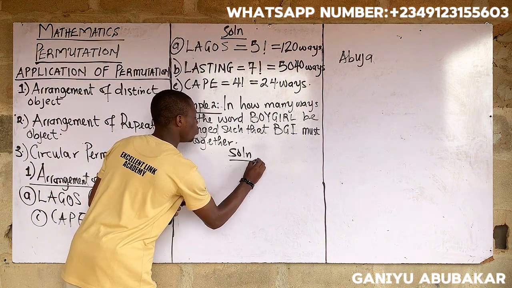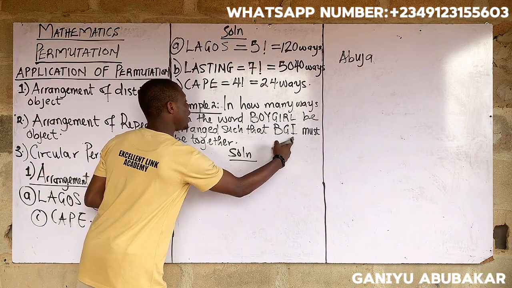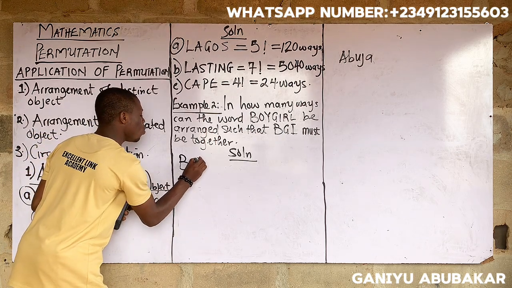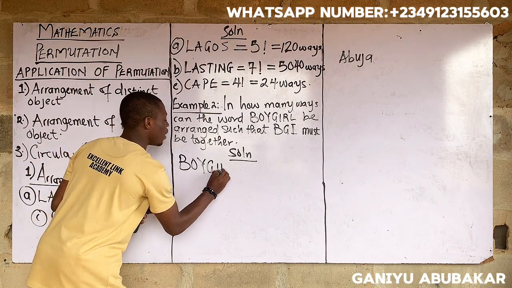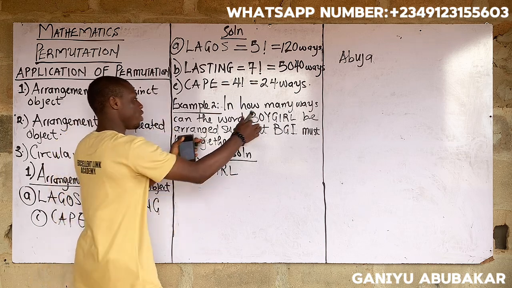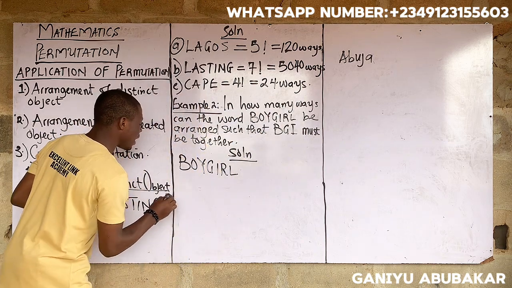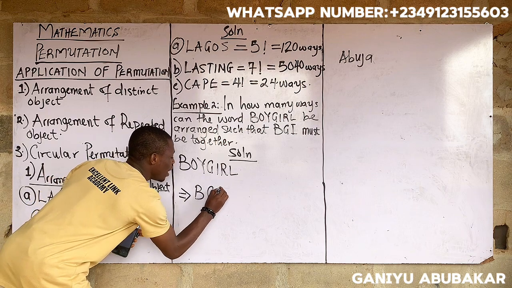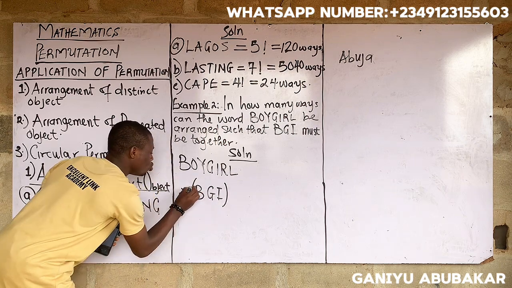Solution. We are told that BGI must be together. So I'm given the word BOYGIRL from the question. But the question says that BGI must be together.